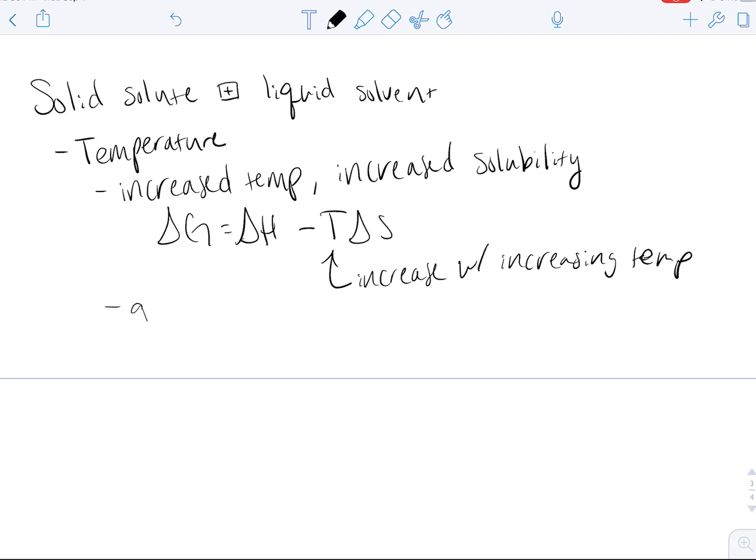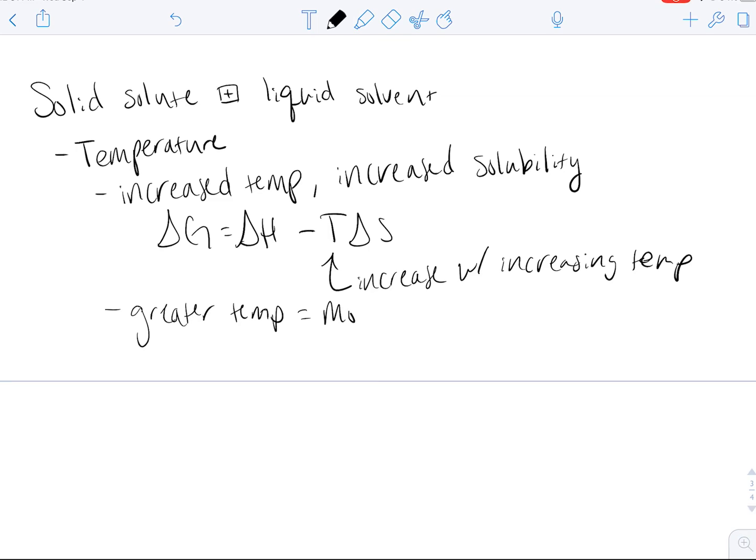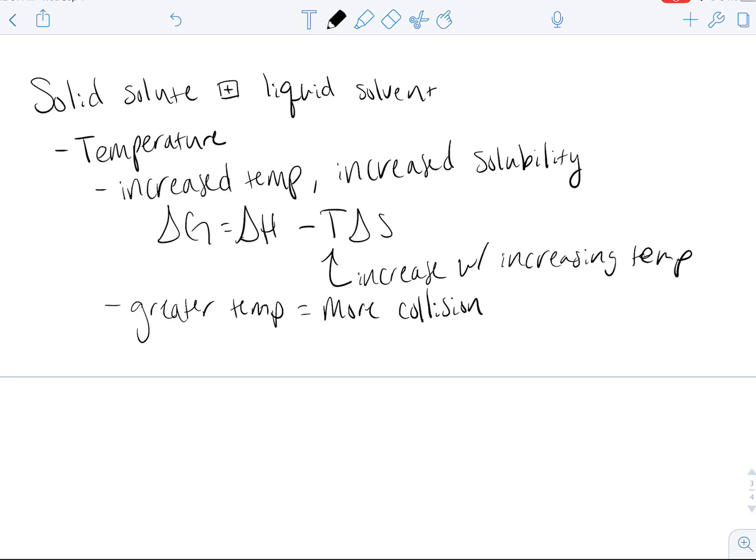In addition, greater temperature results in more collisions, because our molecules are moving faster, so we're going to dissolve faster.